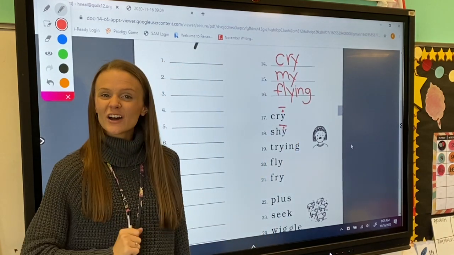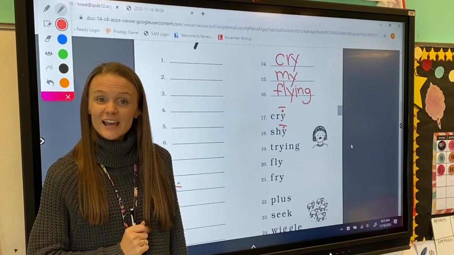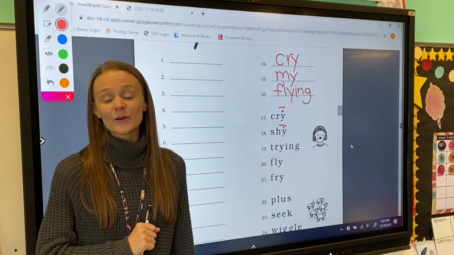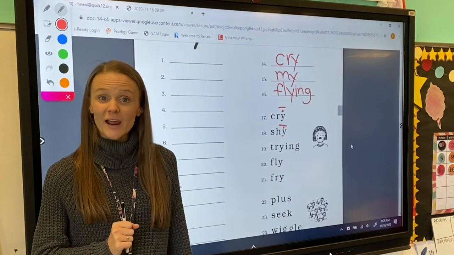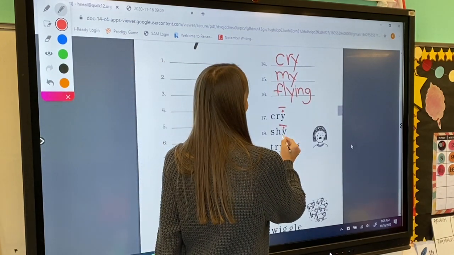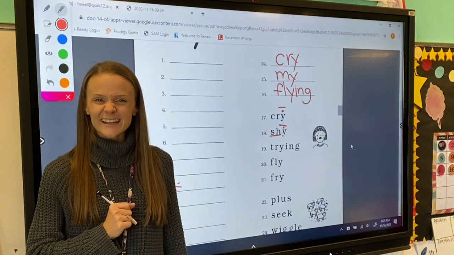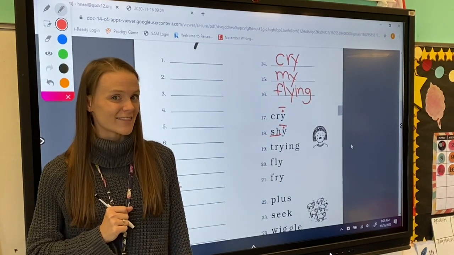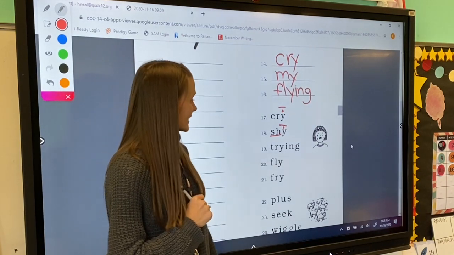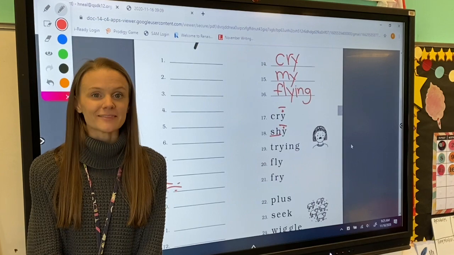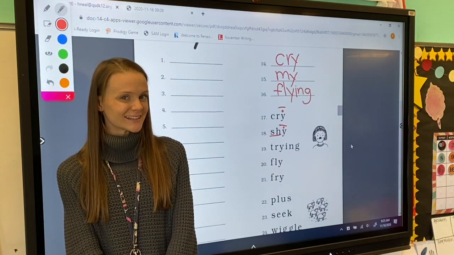And there's one other thing I need to do to this word. Do you guys know what it is? Yes, I need to code my SH digraph. So I'm going to draw a line under letters S and H. Very good. Let's try one more together. For number 19, our word is trying. What do you guys spot at the end of this word?